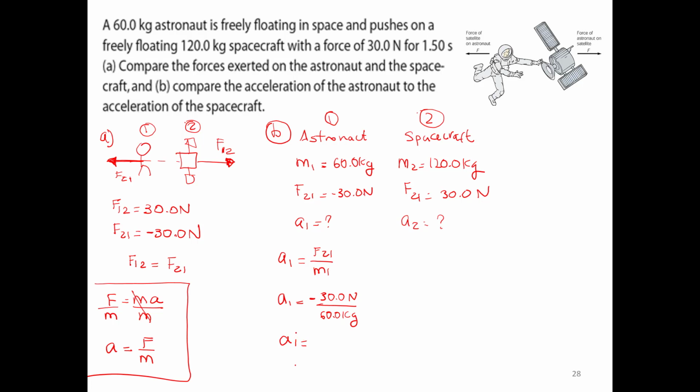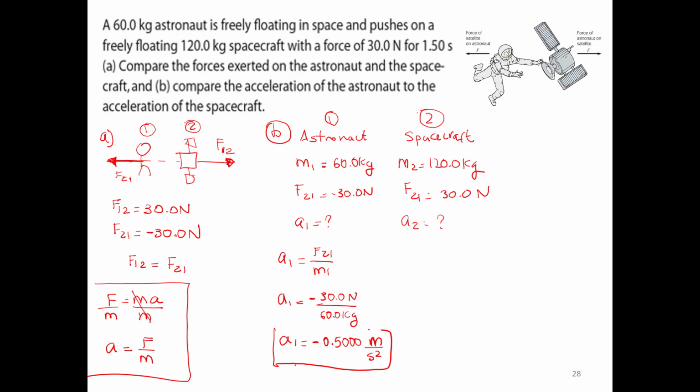Then this acceleration will be negative 0.500, with three significant digits. We know newton over kilograms is meters per second squared, as we discussed in the previous example.